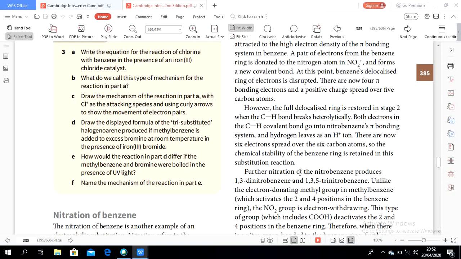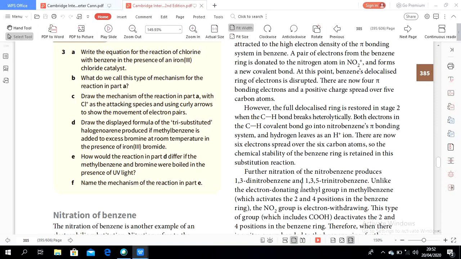The further nitration of nitrobenzene produces 1,3-dinitrobenzene. How to make further nitration? Then the process at 55 degrees Celsius and under reflux for a longer time, with an excess of nitric acid, becomes 1,3-dinitrobenzene, and then finally when all three positions are occupied it becomes 1,3,5-trinitrobenzene.